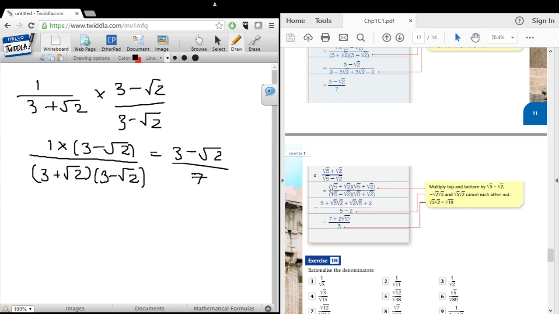And so you can see now that they have multiplied it by the plus sign, and again expanded it.